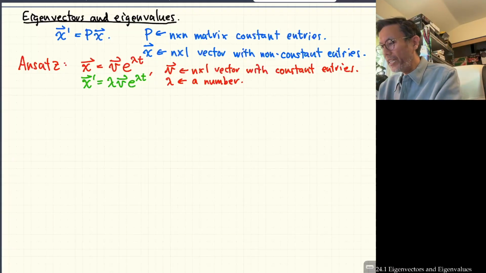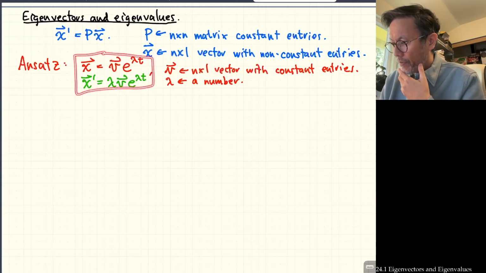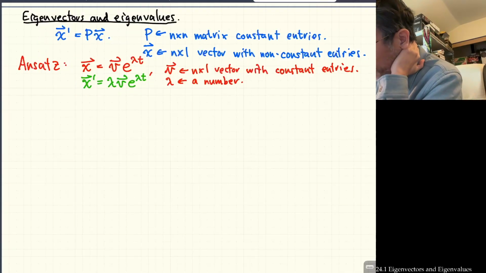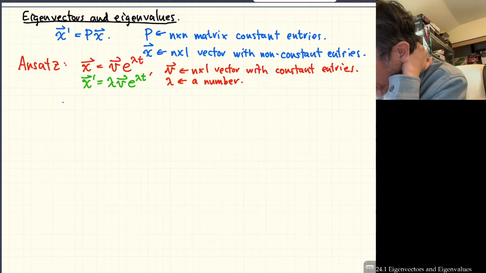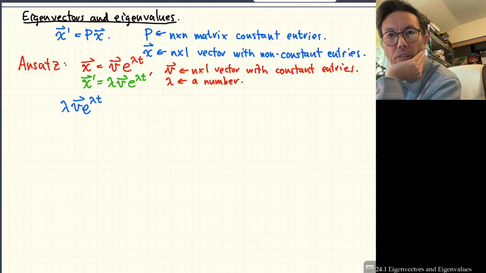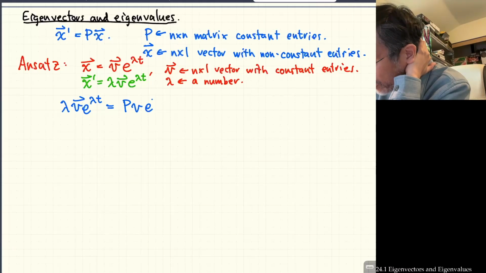So then plugging this information into this system gives us the equation. On the left-hand side, we get lambda v e to the lambda t. That's x prime after all. And on the right-hand side, we get P times v e to the lambda t.